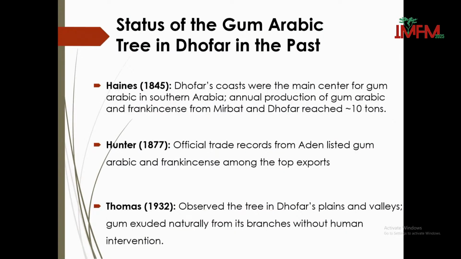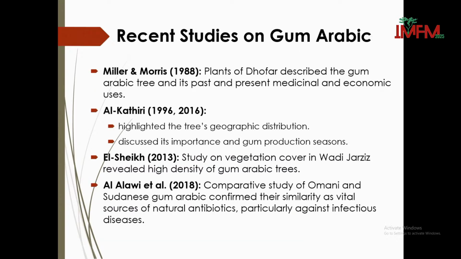Hunter, in 1877, said that the main products exported from Aden were gum Arabic and frankincense. Thomas, a British traveler, also observed a high number of those trees in the valleys and on the plains, and that the gum is excluded naturally from the branch without human intervention.